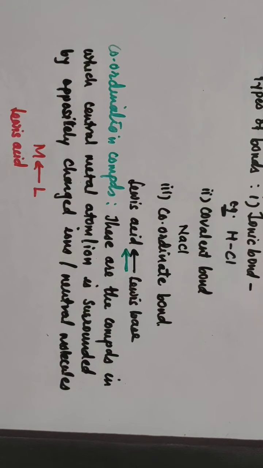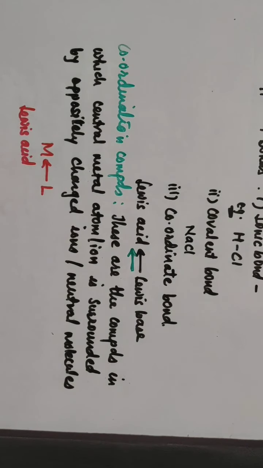The other ones, which can donate an electron pair, are Lewis bases, and these are called ligands. So in case of coordination compound, the central metal atom acts as a Lewis acid as it accepts the electron pair from Lewis bases or ligands.